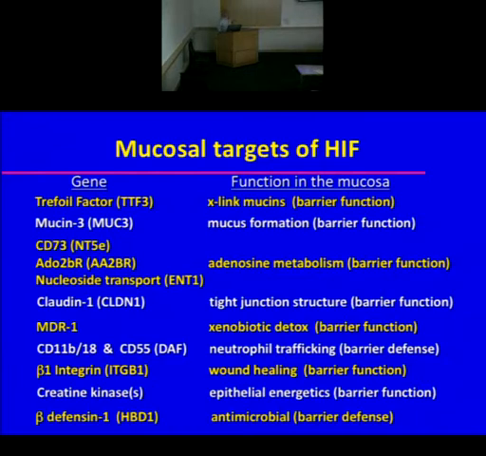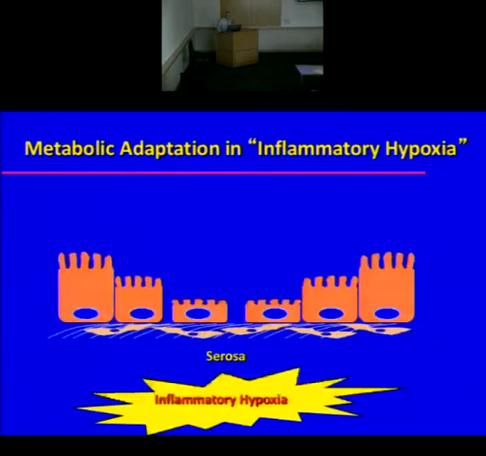So these are all target genes that have been documented very well to be HIF target genes in the gut. So I'll finish here with a model that we believe, that adaptation to metabolic changes in the gut is probably very, very important in inflammatory disease, particularly this terminology of inflammatory hypoxia.